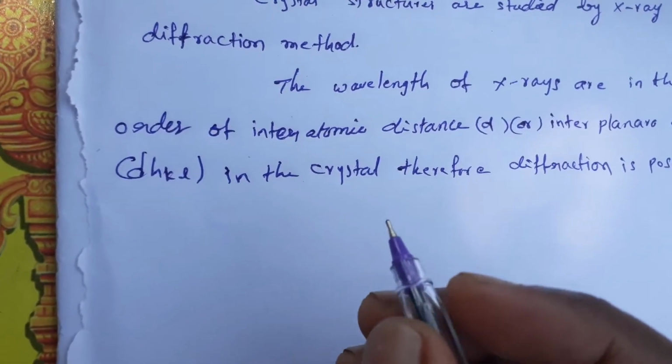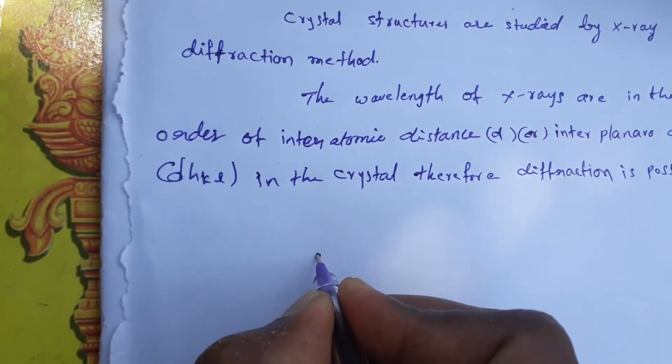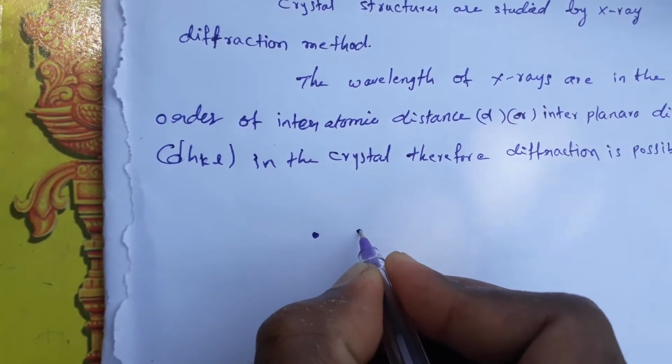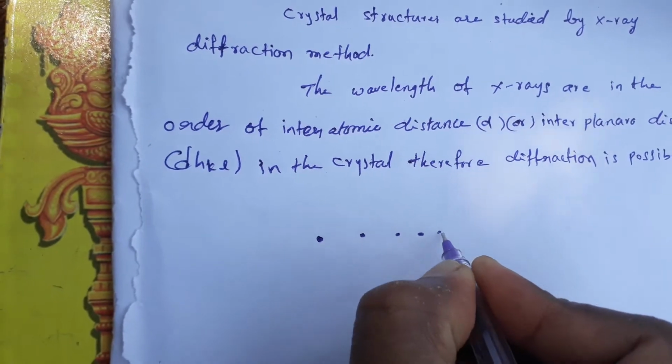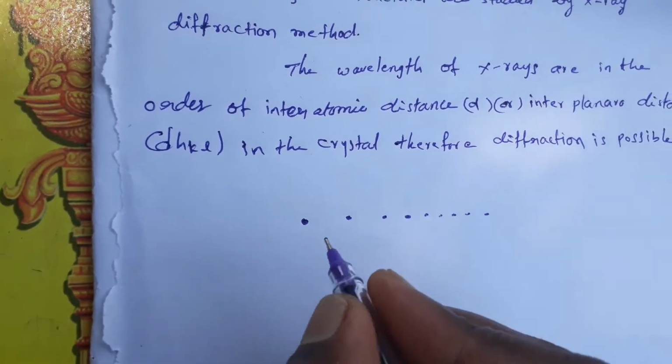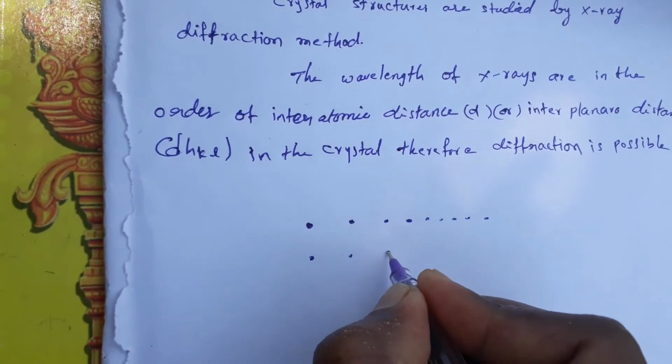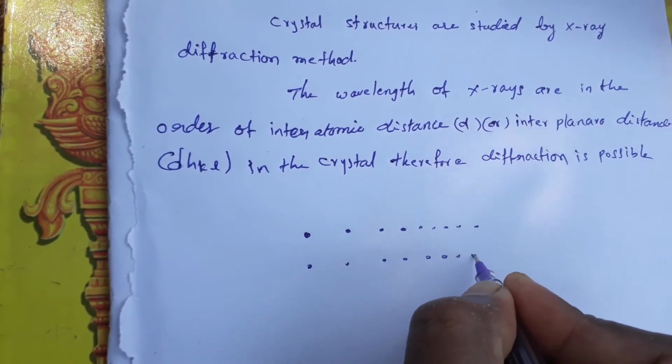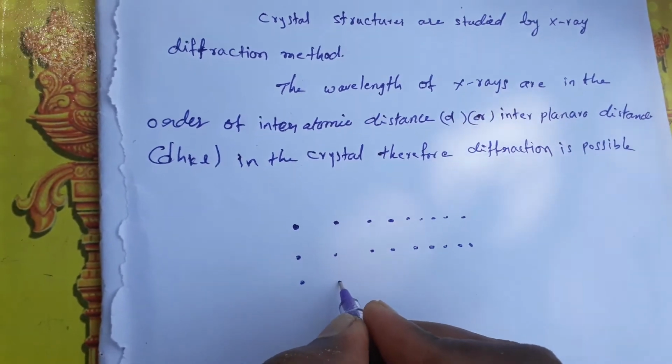So first you take the atoms, represented with dots. So here dots are the atoms, arranged in a regular fashion in the crystal structure as we studied earlier.